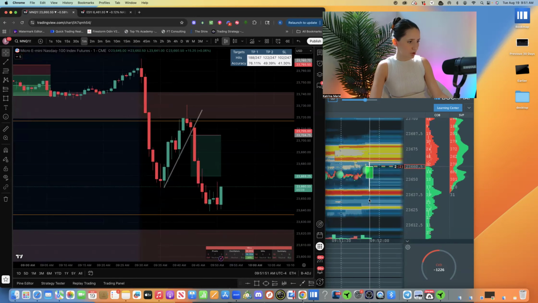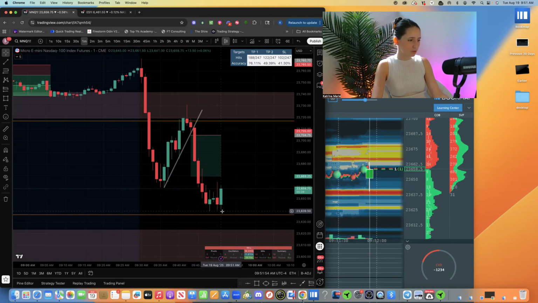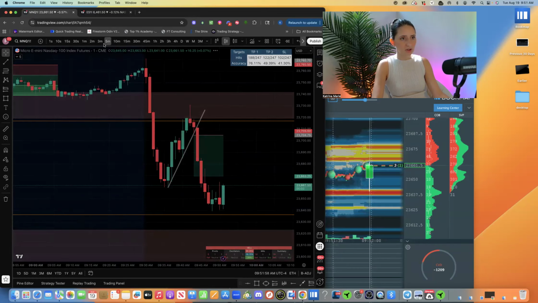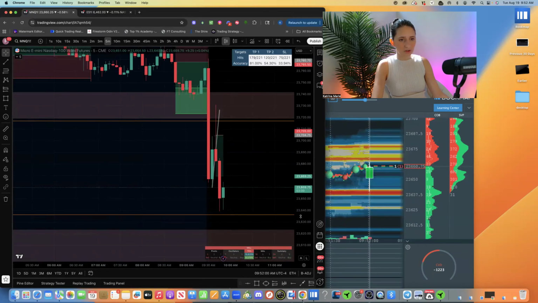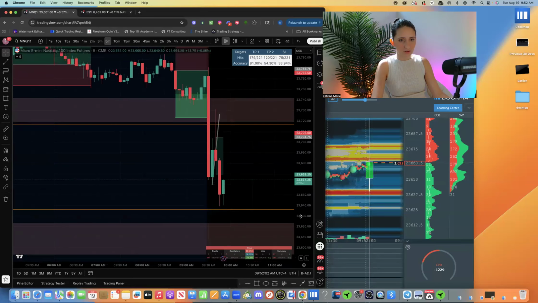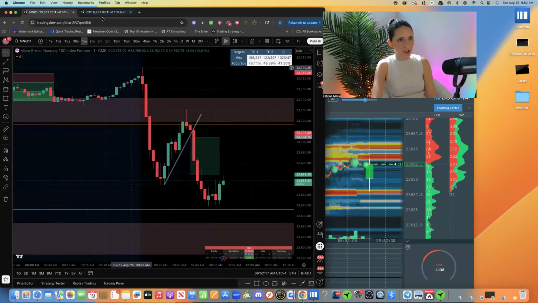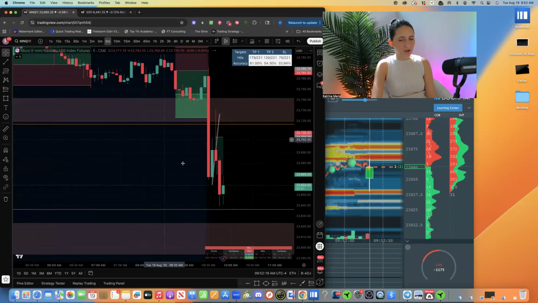So we left that wick on the other side to equal those lows basically. We did tap into that pivot point almost. Actually, I think we did no, we didn't. Not on the 1 minute or the 5 minute.